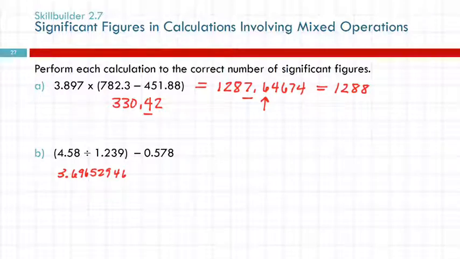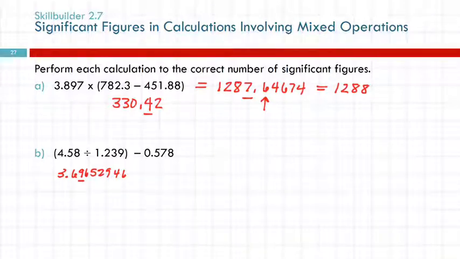Oh, that's a mess. Here I'm dividing. Division, we're looking at number of sig figs. So this is 3 sig figs, and that's 4 sig figs. So this result should only have 3 significant figures. So it will be right there. I'm not going to round it, though. I'm just going to leave it alone.